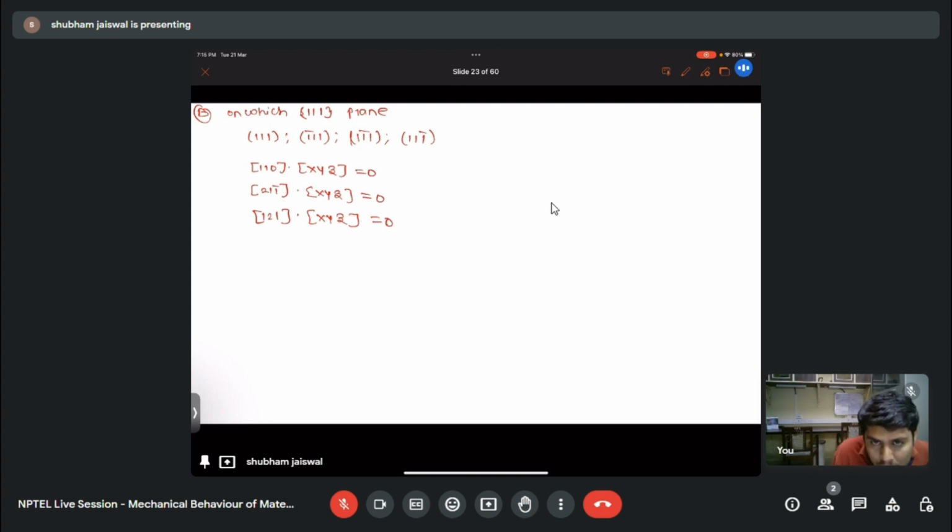So if we put these different planes in place of xyz, for 111 we will get 1 bar 1 1 and 1 1 bar 1, and here we'll get 1 1 bar 1, and here also we'll get 1 1 bar 1. So in all these three, only one plane is common, that is 1 1 bar 1.